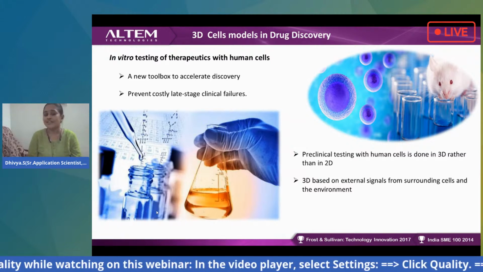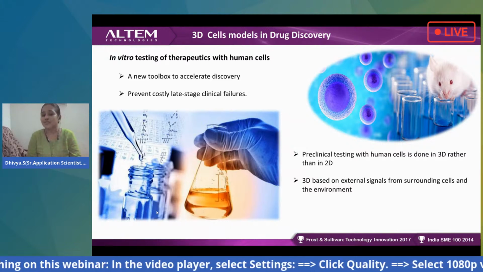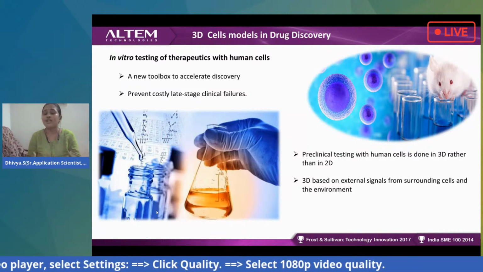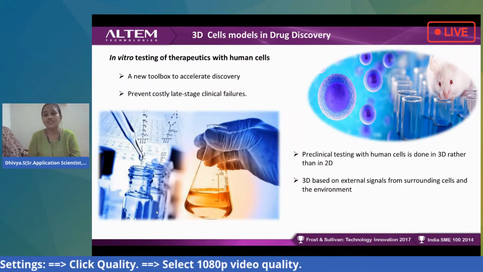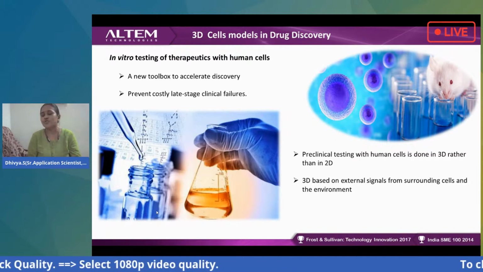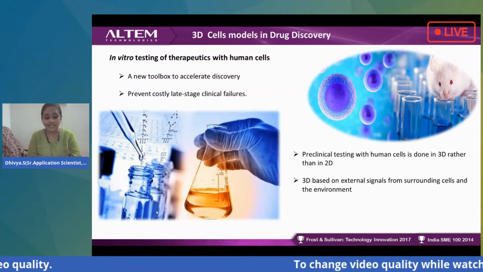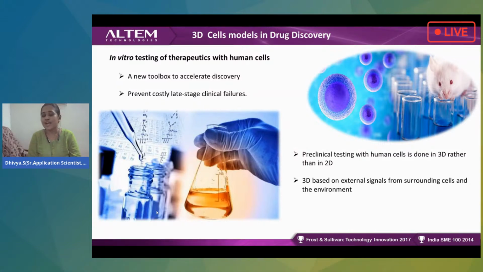Because as I keep stating, 3D models have external signals from the cells and the environment, which is more equivalent to our systems. So instead of testing directly in humans and animals, if you utilize the 3D models, that will help you accelerate your drug discovery process on the right path, and the achievement of results is going to be 100%.